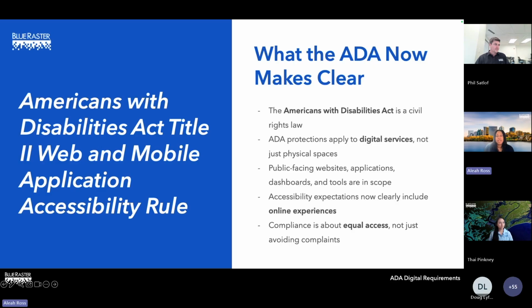So it makes it clear that the ADA protections apply to digital services, not just physical spaces. And the rule references conformance with WCAG 2.1 level AA as the standard benchmark. So if an organization provides a public-facing GIS tool, those are in scope for needing to be compliant.